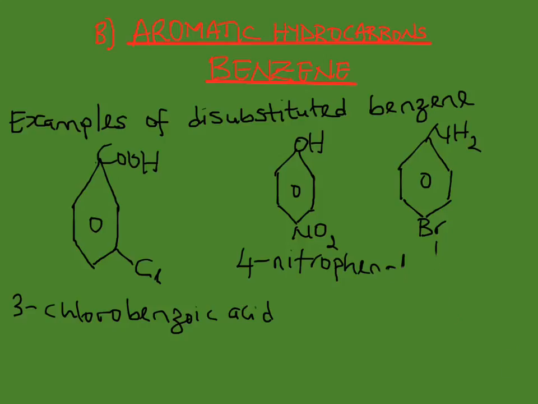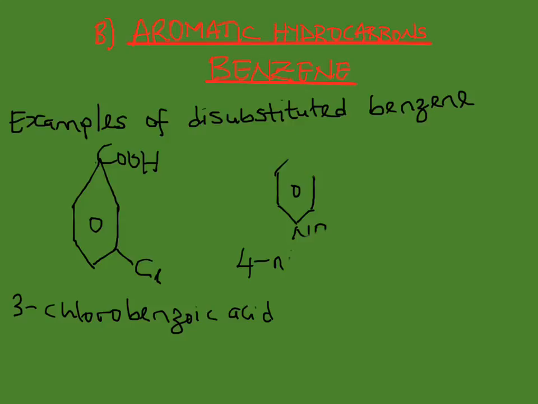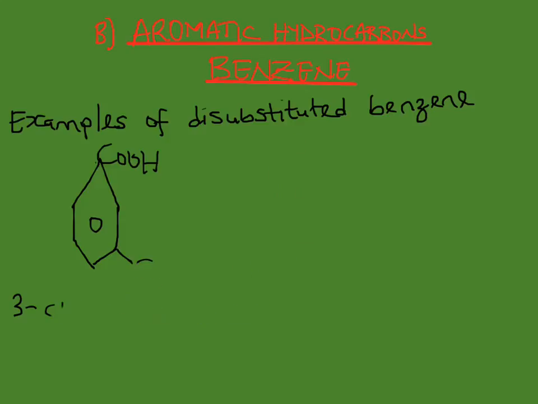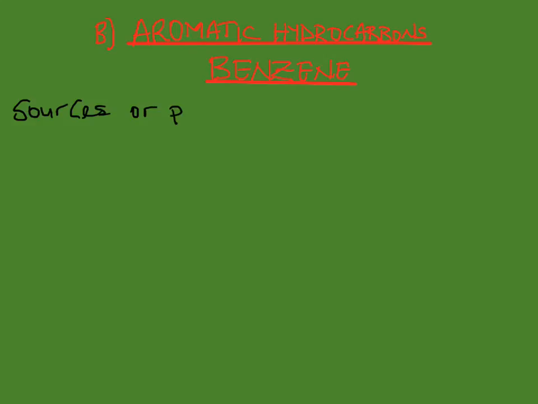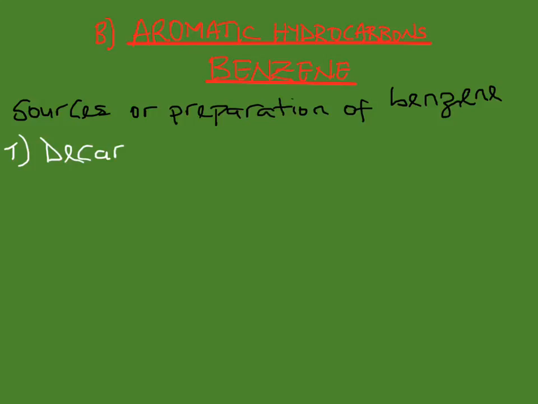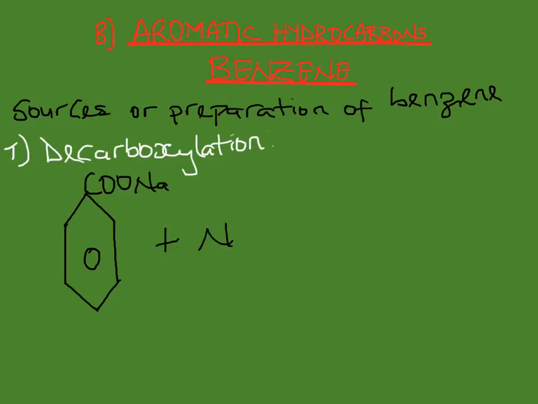The next thing we're going to be looking at is sources or preparation of benzene. How can we obtain benzene? The first one there is decarboxylation.